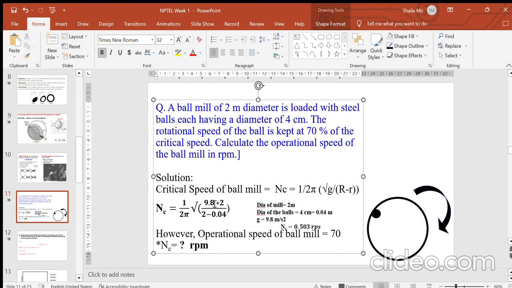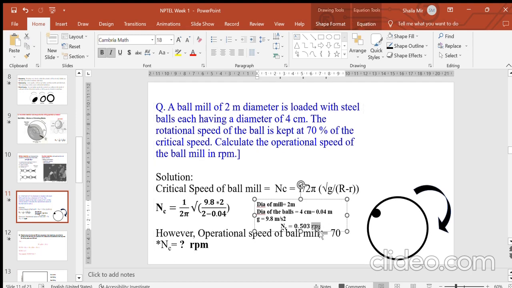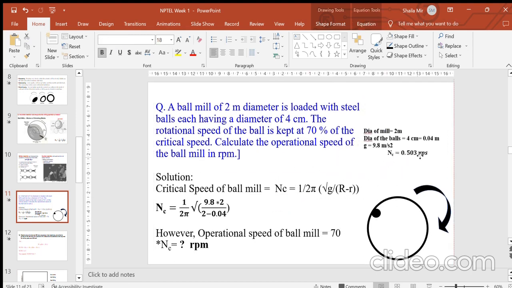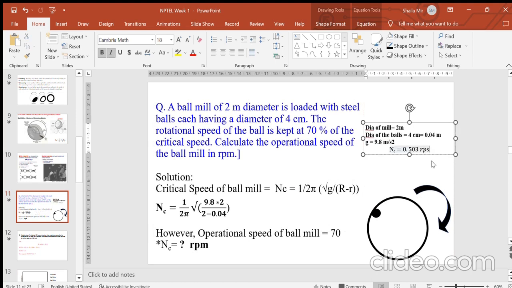Whatever answer you get after putting the values will be in RPS, that is rotations per second, because we are taking g as 9.8 meter per second square. So the overall units will be in rotations per second and not in rotations per minute. Is it clear?